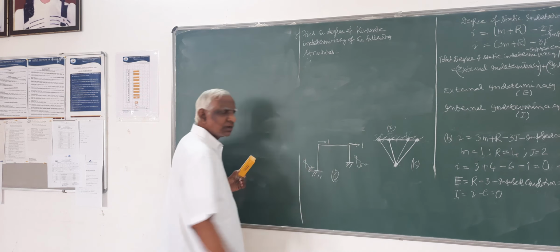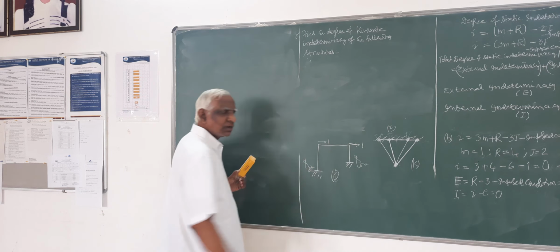But if the assumption is not there, then kinematic indeterminacy will be 3 times the number of joints, 4 joints, that is 3 into 4, minus the number of support reactions, 3 here, 3 here, 6. So 12 minus 6, it is 6.